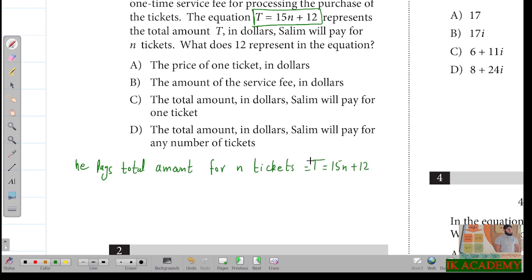This is the total amount which was given in the equation form.